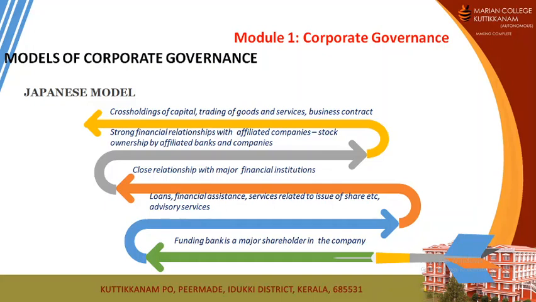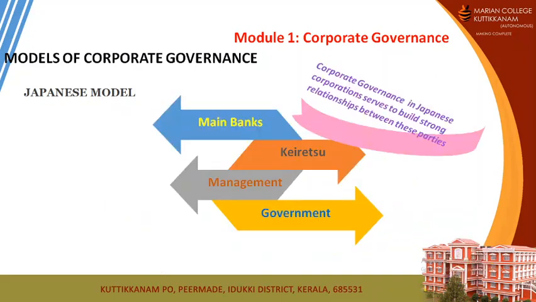And the funding bank would be a major shareholder in a company. The key parties in the Japanese model include main banks, keiretsu, management, and government. And corporate governance in Japanese corporations serves to build strong relationships between these parties.